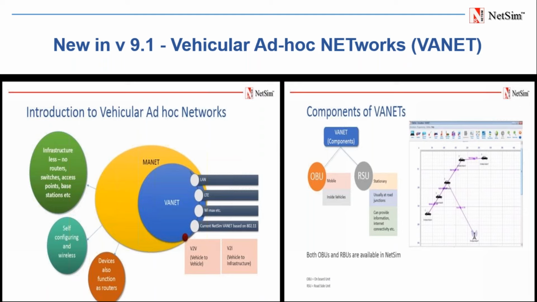So OBUs are the devices installed inside the vehicle to communicate with other vehicles. And roadside units are installed at road junctions, and these are stationary in nature, and OBUs are mobile in nature. So they provide information and internet connectivity to vehicles commuting on roads.